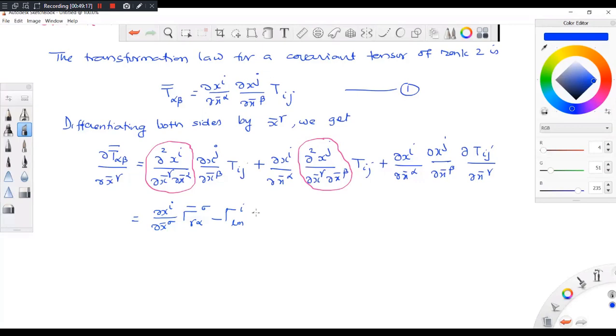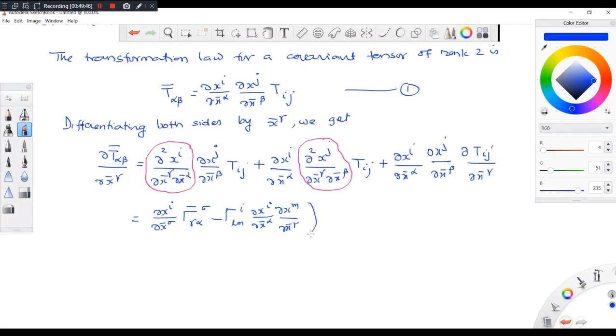Okay, so this del xi by del x bar alpha. You look to that formula, the first formula. Okay, del xi by del x bar alpha, then del xm by del x bar gamma.